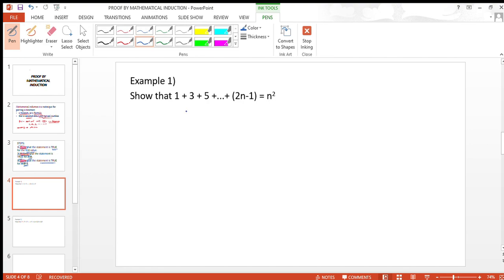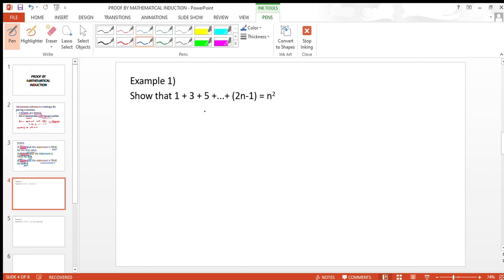Okay, so what we are saying here is that if we choose a particular n, where n is a natural number, if we substitute n in the left side, if we add all the numbers that we get in the series, it is just equal to n squared.